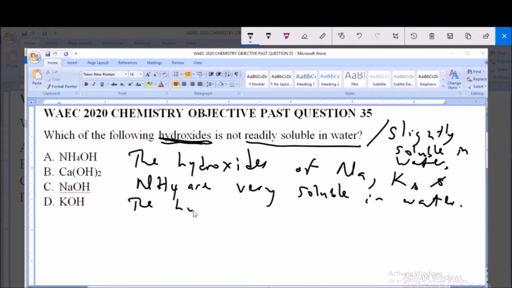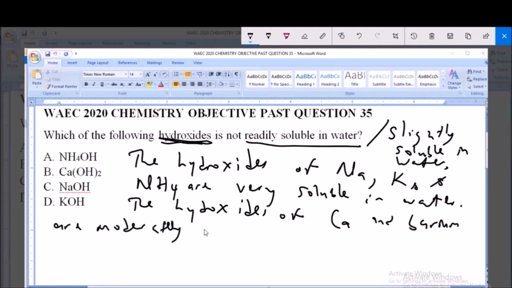Then the hydroxides of calcium and barium are moderately or slightly soluble in water.